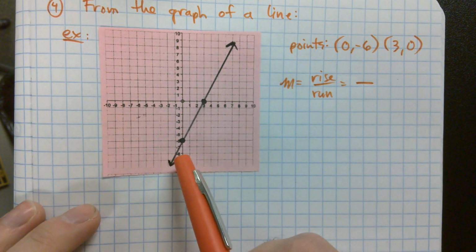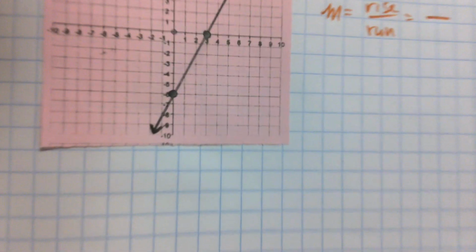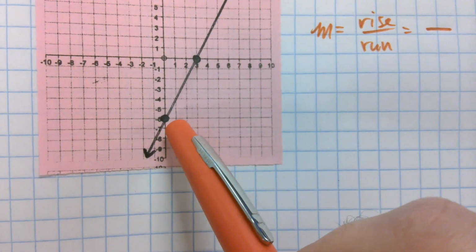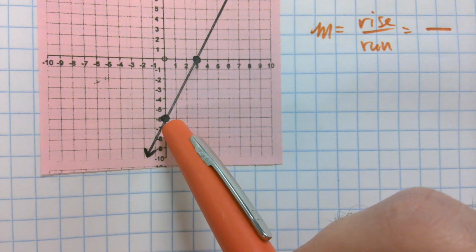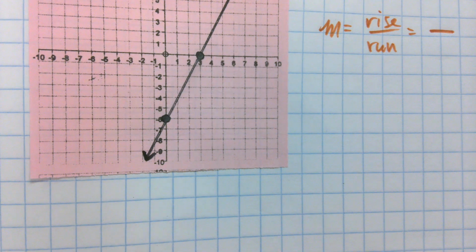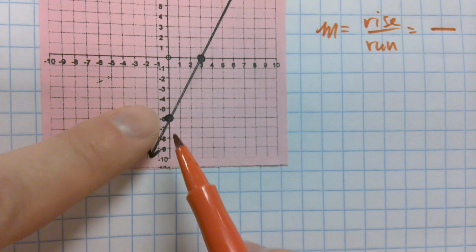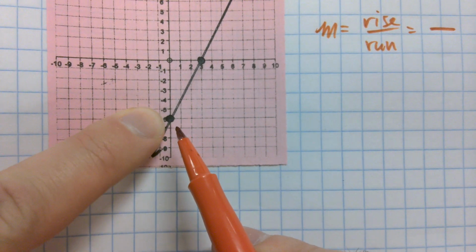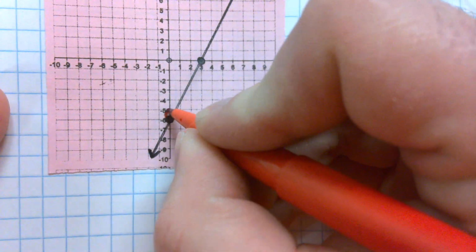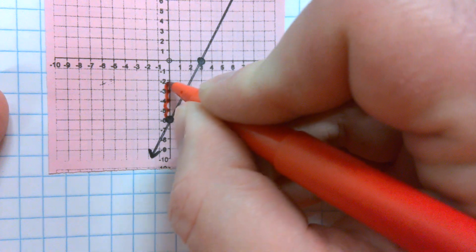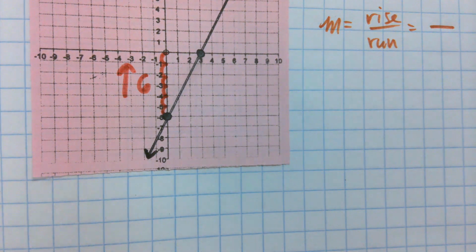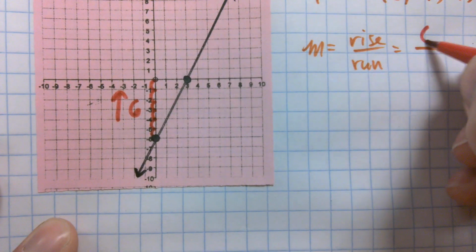I'm going to start on my leftmost point. I'm going to count how many units I rise until I'm on the same level as my second point. From this leftmost point, are we going to rise up or down? We're going to rise up. Let's count the spaces: 1, 2, 3, 4, 5, 6 spaces up. So my rise is going to be 6.